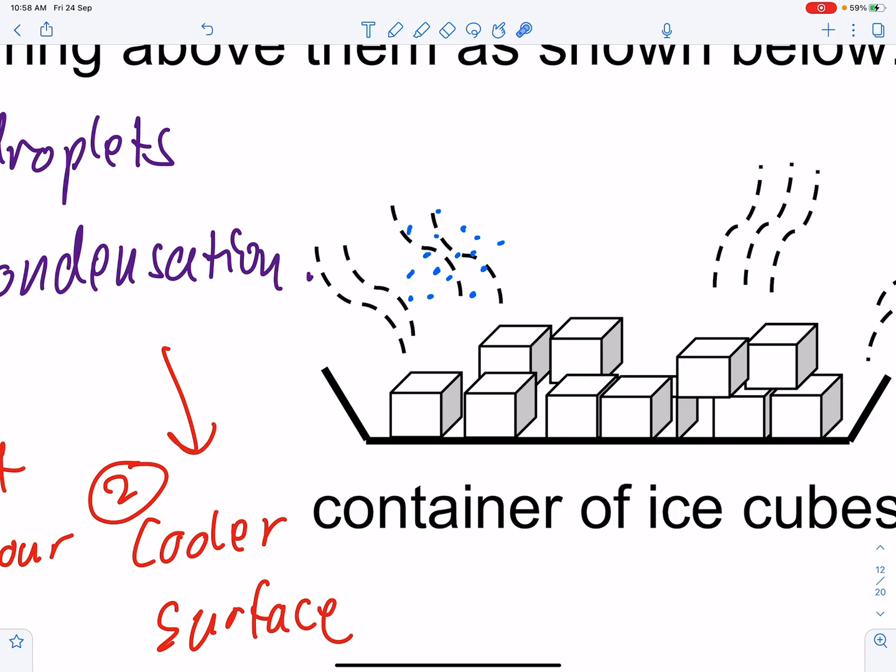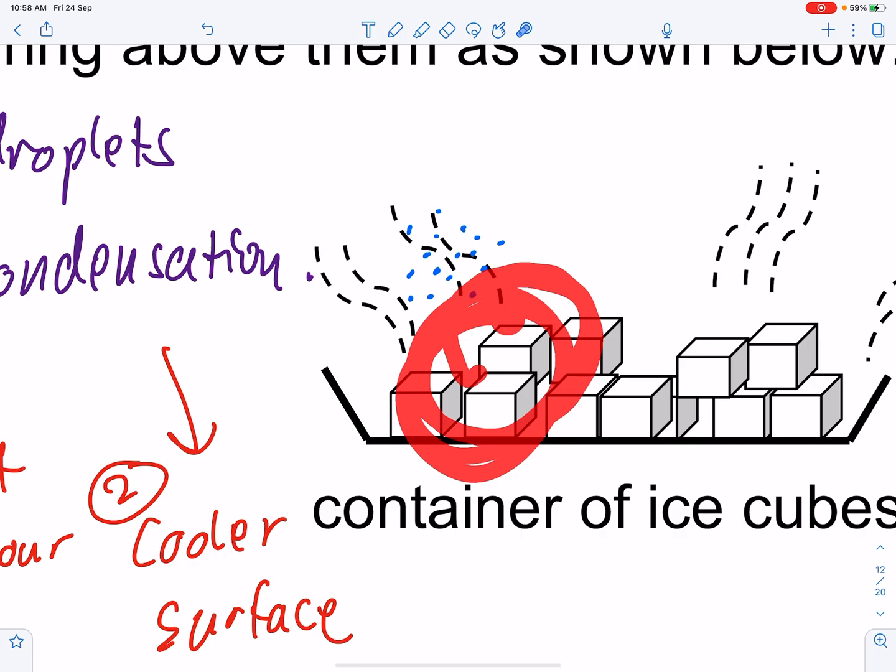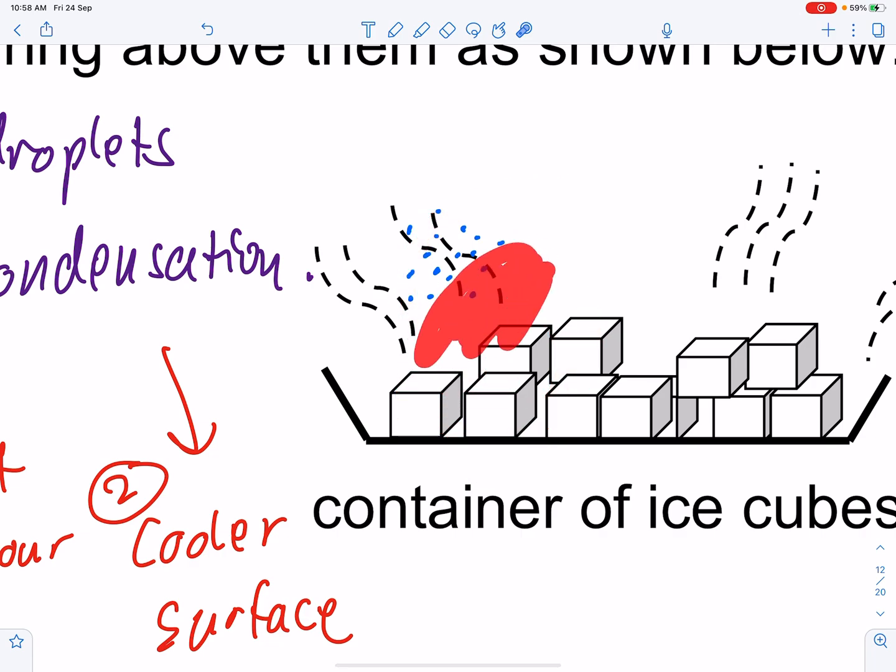The most immediate surrounding area near the ice cube will be very cold. So this air here is cooler than the air that is further away. So the warm water vapor from the air that is further away would then be able to lose heat. Can you imagine that? That was what happened.